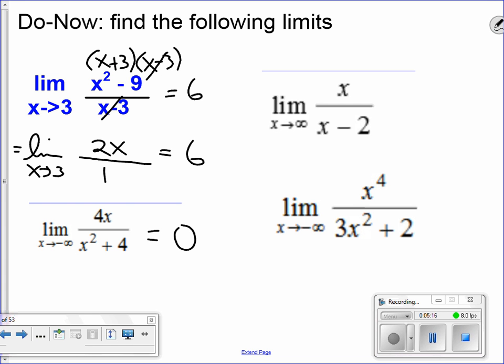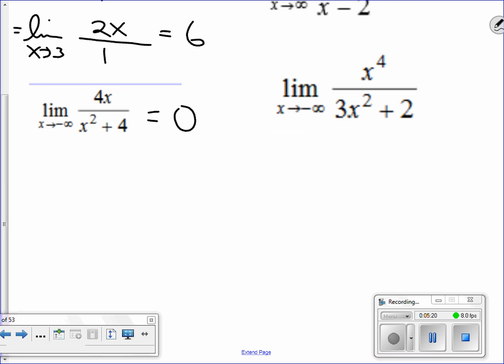Nope, not with that. But the other way you could have done this, with our friend Mr. L'Hopital, is if you try to plug in the negative infinity, you'd have negative infinity over infinity. You would be allowed to try it again. You can replace the numerator with its derivative.